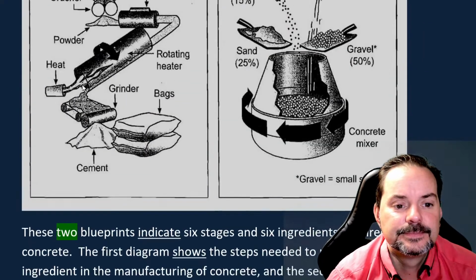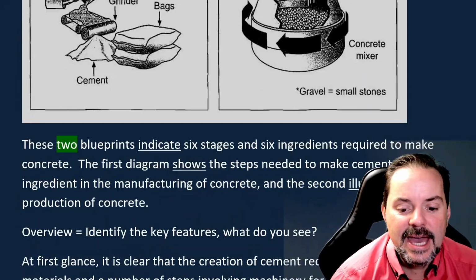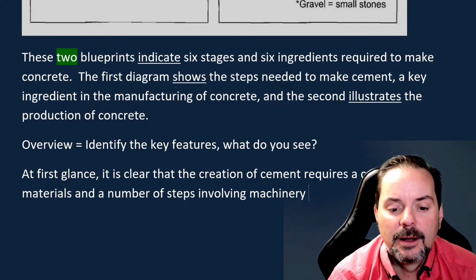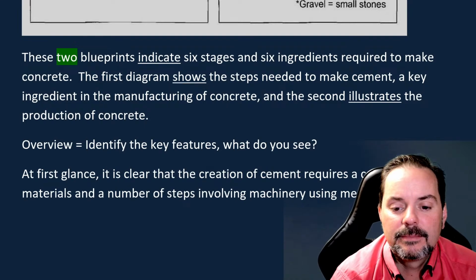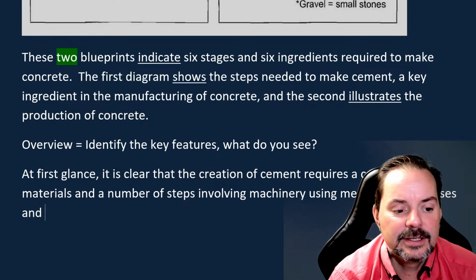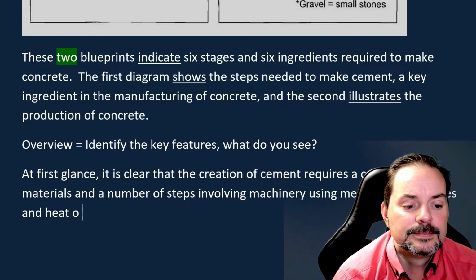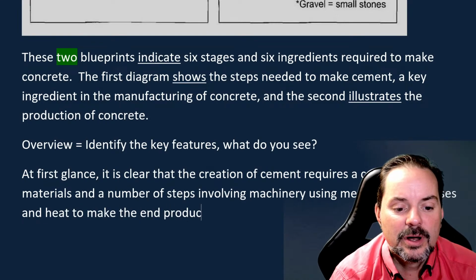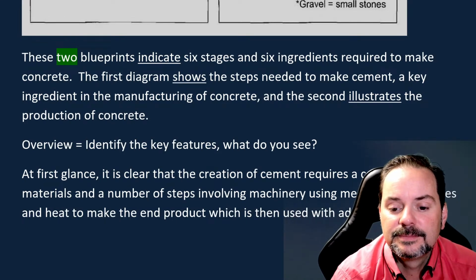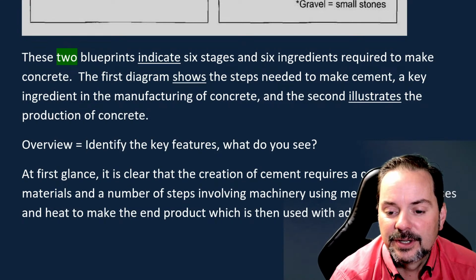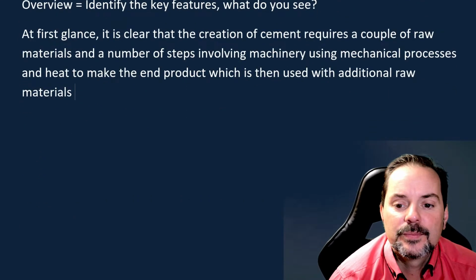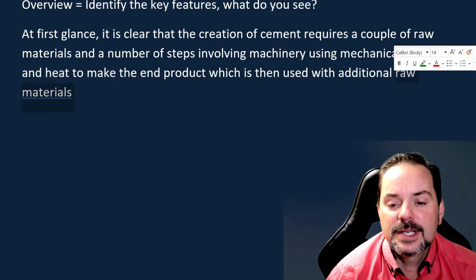using mechanical processes and heat to make the end product, which is then used with additional raw materials, or instead of raw materials, we could say that another way.